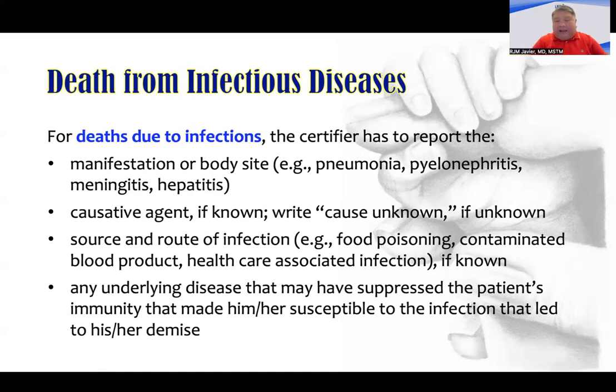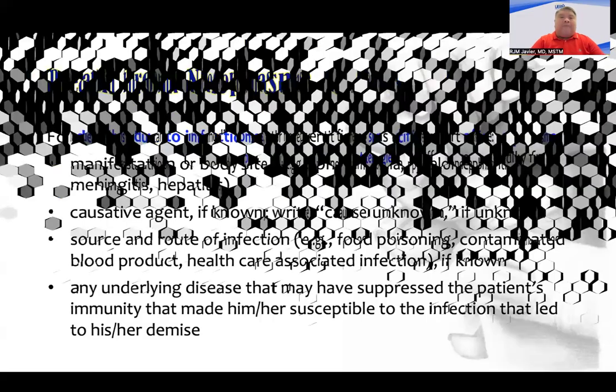For example, it could be Pneumocystis jirovecii pneumonia, an opportunistic infection among PLHIV, or it could be community-acquired pneumonia na patungan ng hospital-acquired pneumonia na nadagdagan pa ng ventilator-associated pneumonia nung iniintubate yung pasyente. So you have to put all of these. And the underlying disease that may have suppressed the patient's immunity, making him susceptible to the infection that led to the demise, should also be reported.